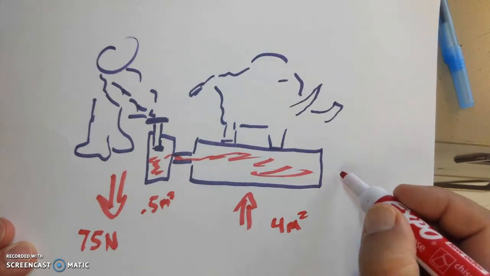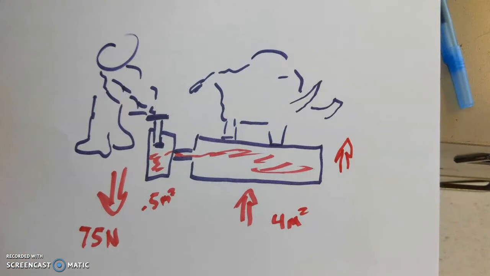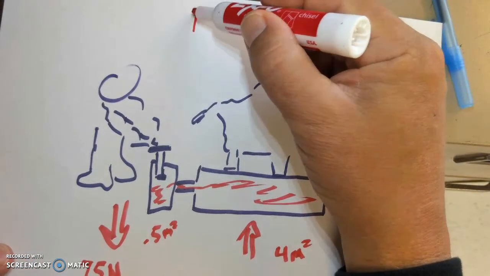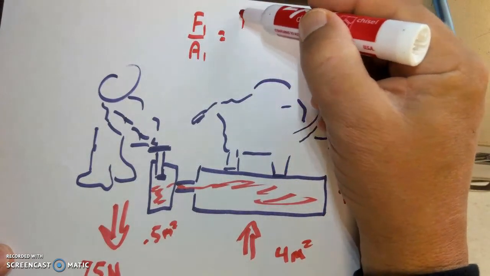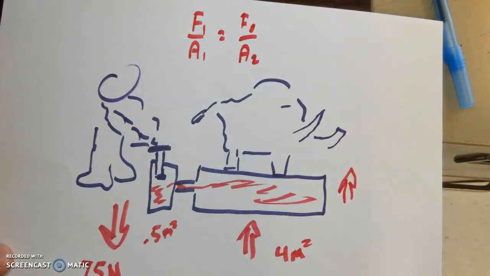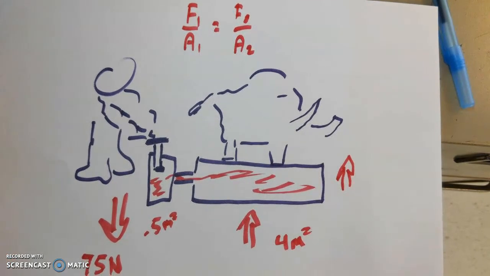I want to know how much force you can generate. It's pushing down with 75 newtons, so you're going to have to use Pascal's principle. There's some examples in the chapter prior. See if you can figure that answer out and tell me what it is. How many newtons of lift does he create by pushing down on that piston?